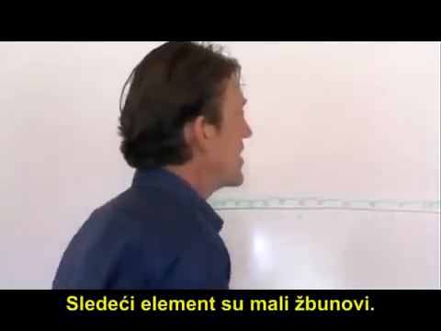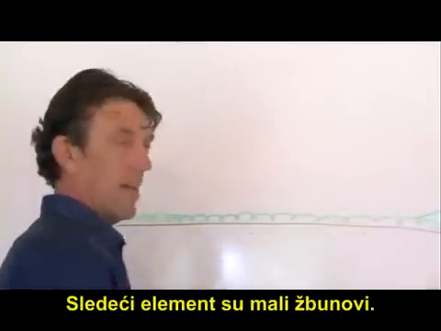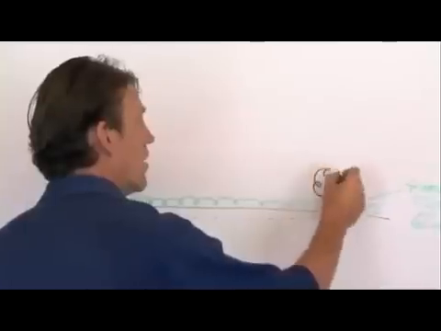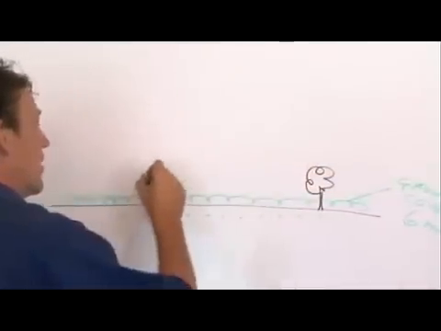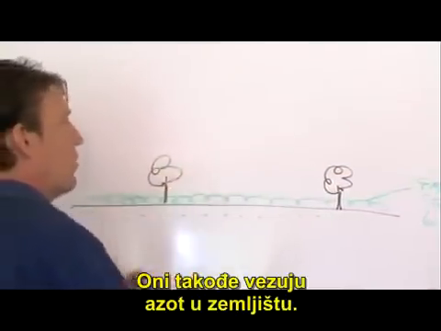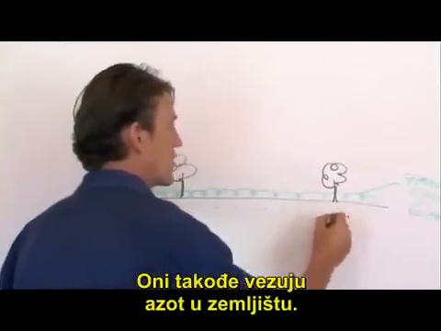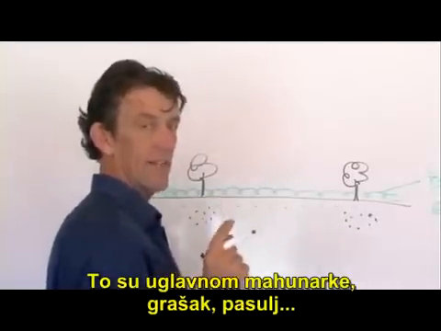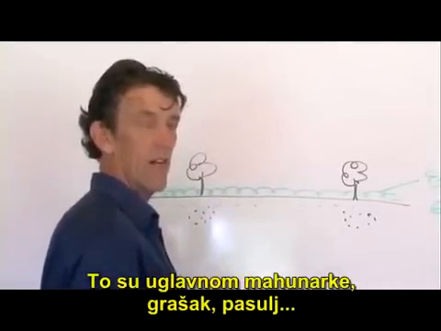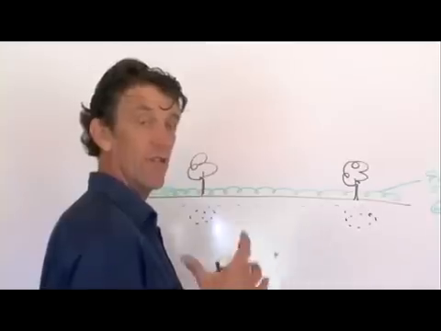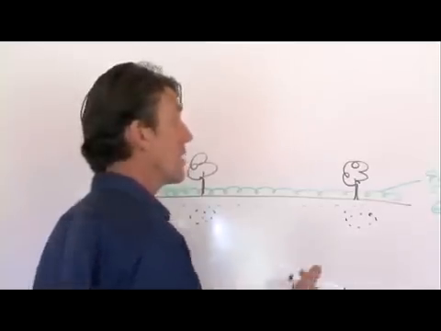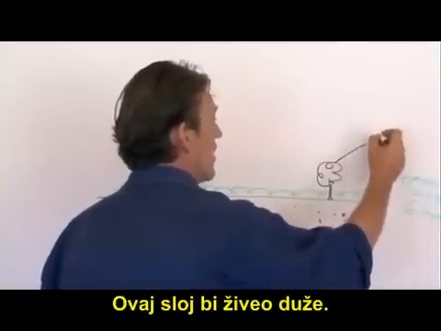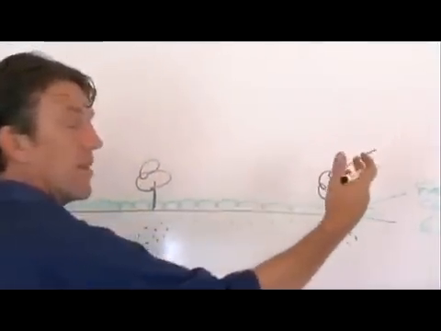The next element would be a small bush, also fixing nitrogen in the soil. Selected out of those particular plants which are leguminous, nitrogen fixing, the peas and the beans family. And this one would live for a little bit longer.